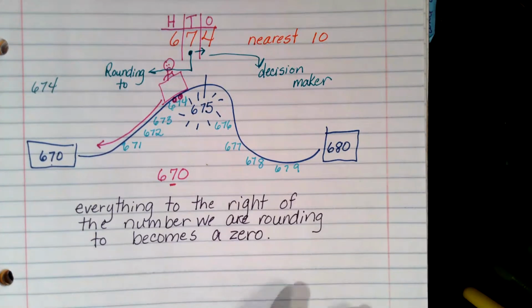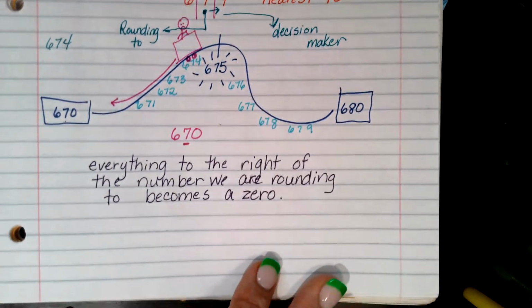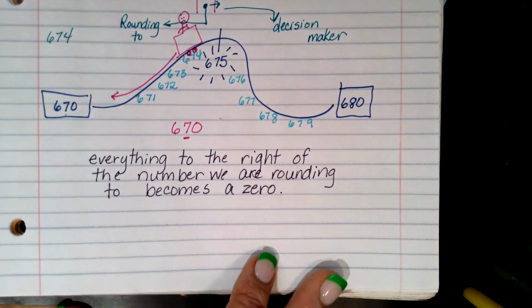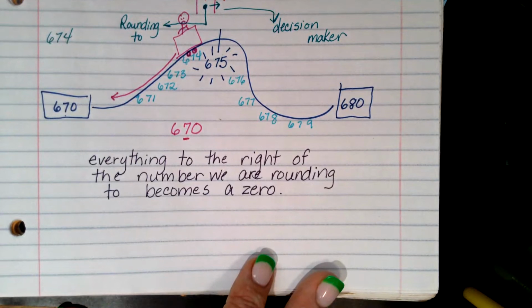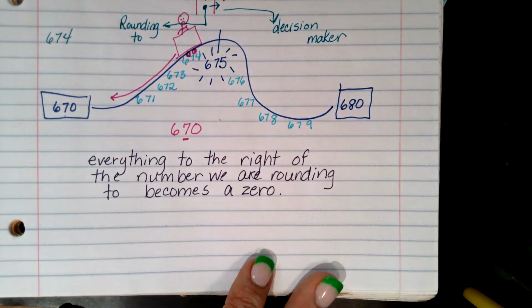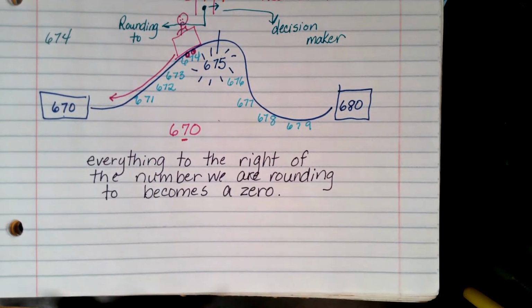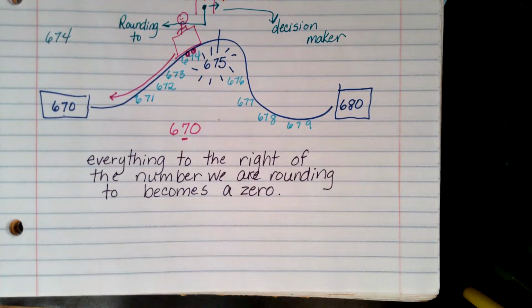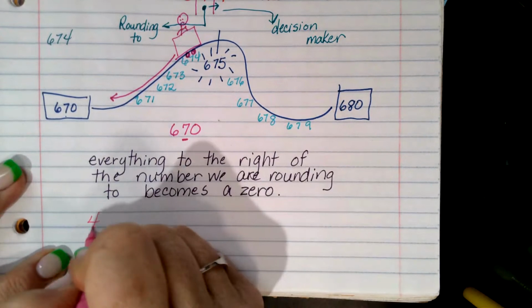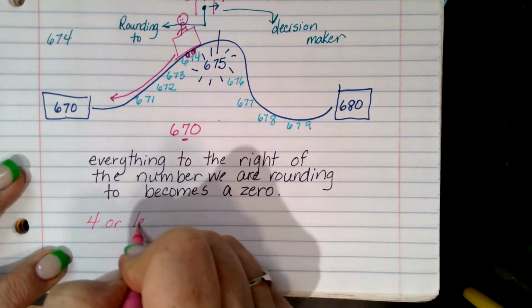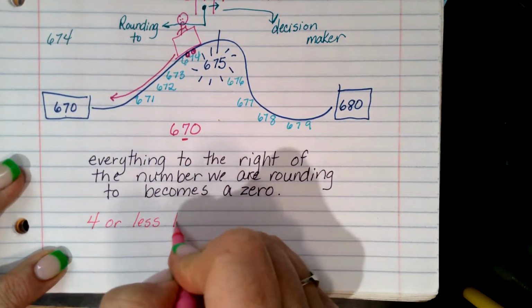All right. Now, some of you may not need a number line to do all the rounding, but you probably need the place value chart. There's a fun little rhyme that you guys probably learned early in elementary school. 4 or less, let it rest.